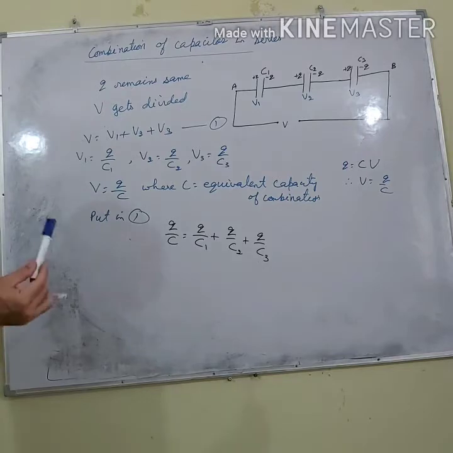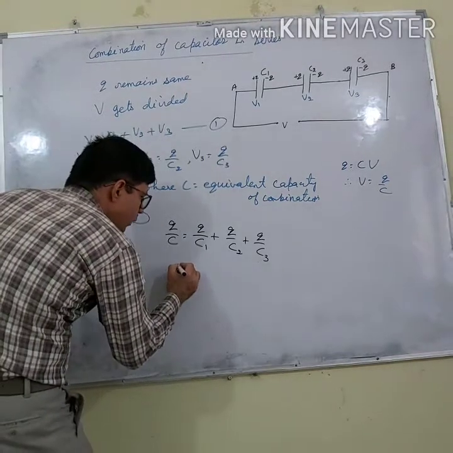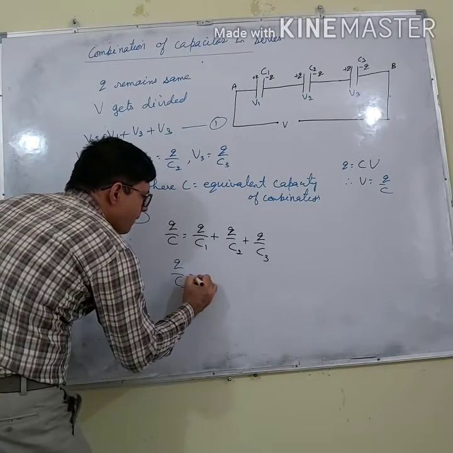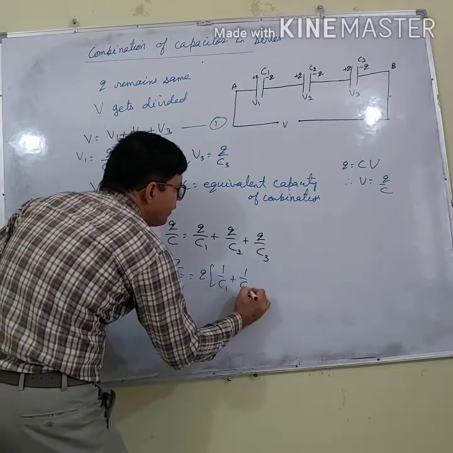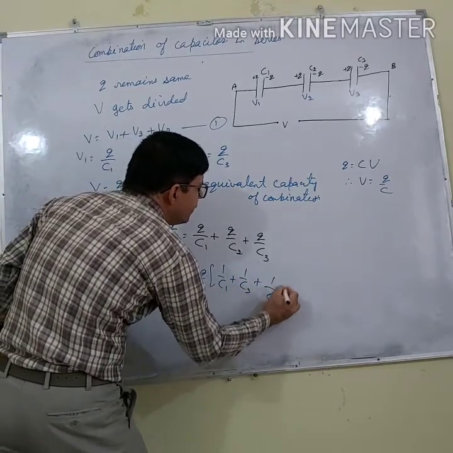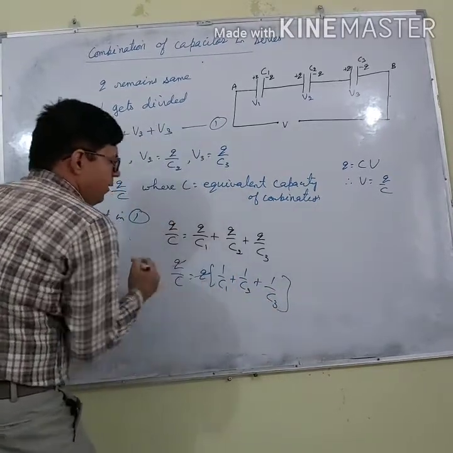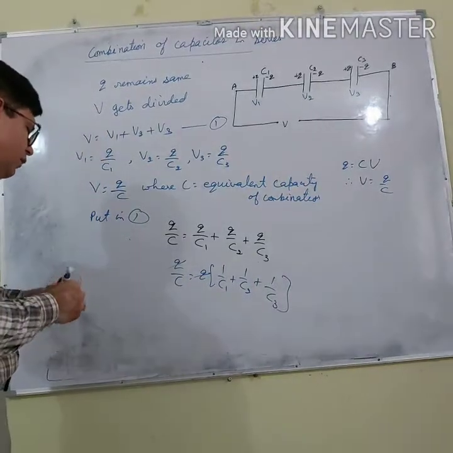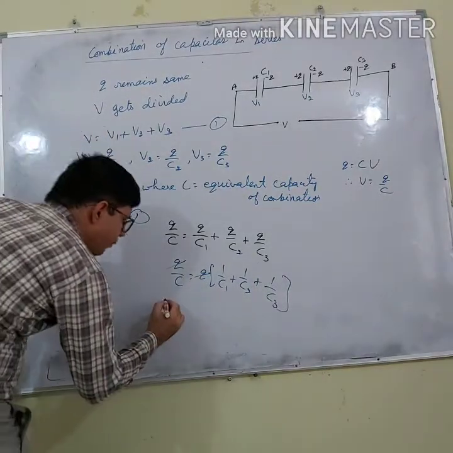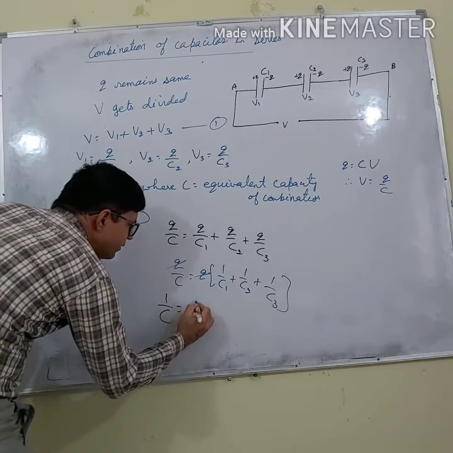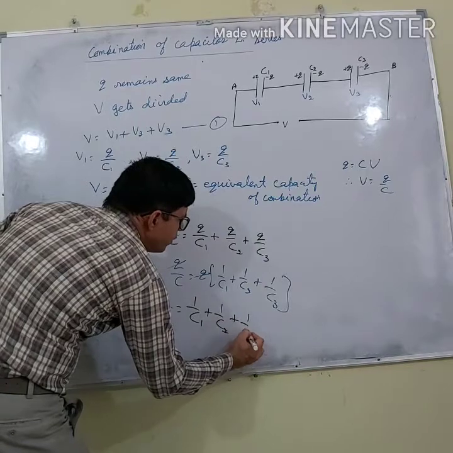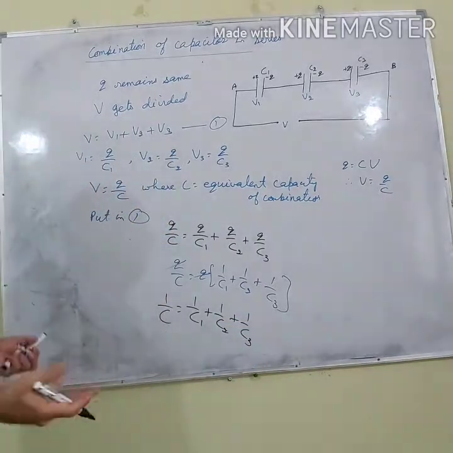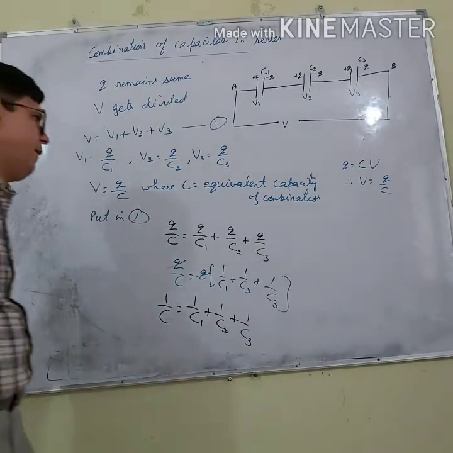Common is Q. So let me take Q as the common: Q times 1 over C1, 1 by C2 plus 1 by C3. This Q gets cancelled. So I can write that 1 by C equals 1 by C1 plus 1 by C2 plus 1 by C3.